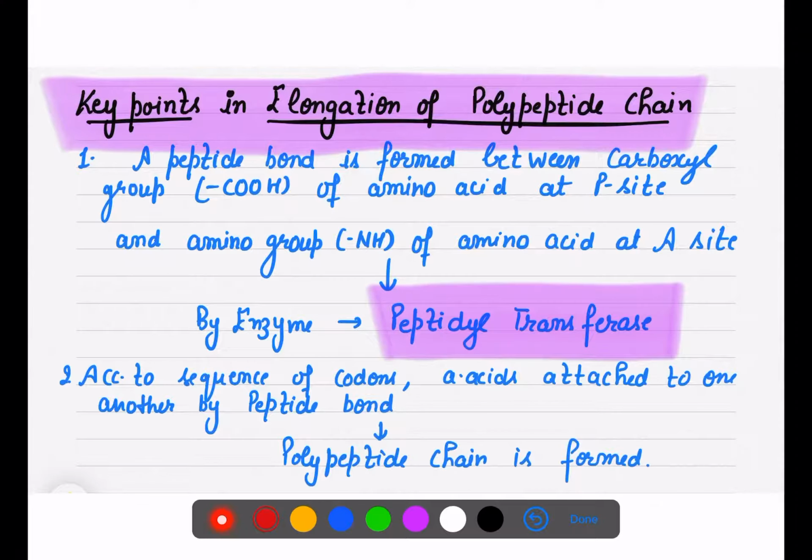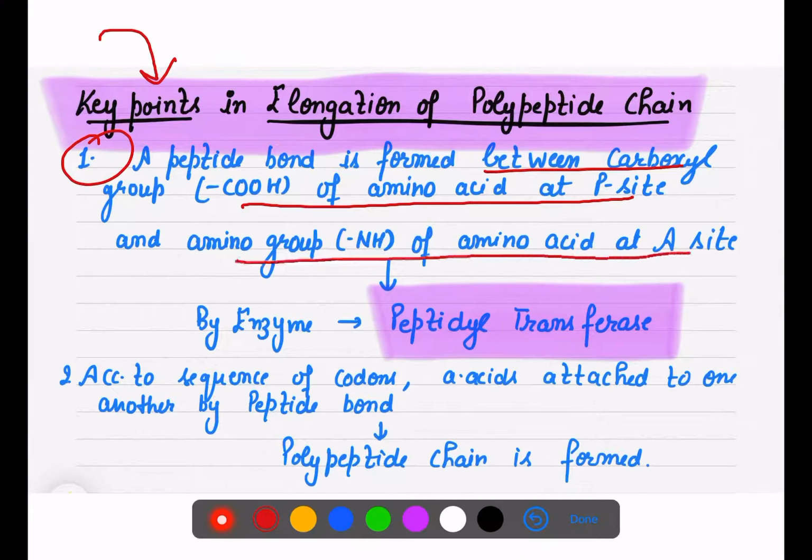So there are a few points in the elongation: a peptide bond is formed between the carboxyl group of the amino acid at the P site and the amino group of the amino acid at the A site. When the new amino acid enters the A site and the first amino acid is at the P site, bond formation starts.